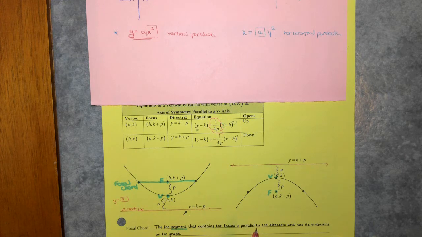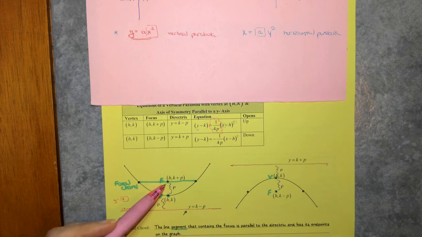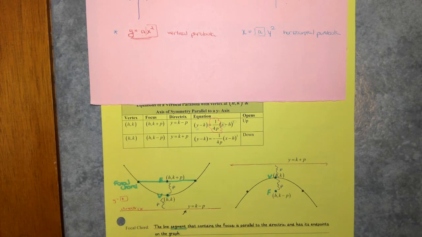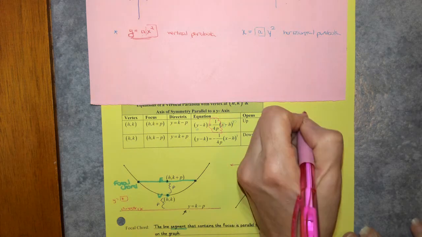I haven't defined what p is formally yet, but as a reminder, p is the distance from the vertex to the focus. It might not be a bad idea to make sure that gets written down, so I'll write it off to the side.